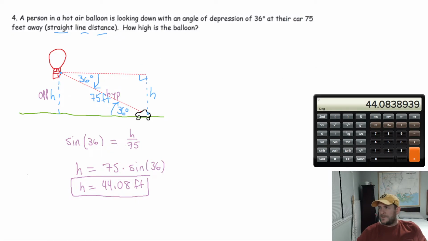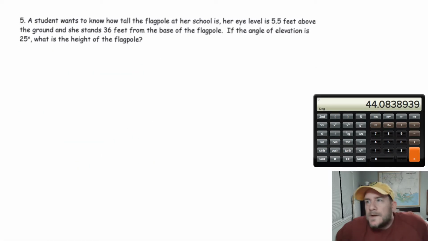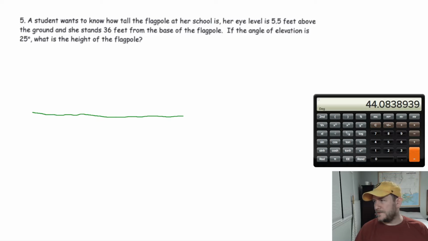Okay, number 5. This one says, a student wants to know how tall the flagpole at her school is, and this one is a little trickier than most. Alright, I'll do what I normally do. Here's the grass. Here's a flagpole. Okay.